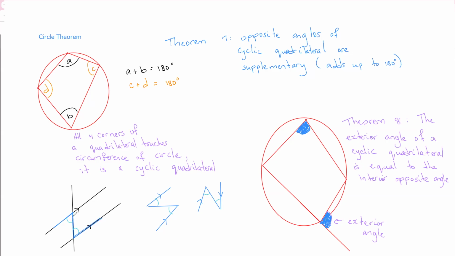So those angles within the Z shape or the zigzag shape or the N shape, those are known as alternate angles. Right? And basically alternate angles are equal.